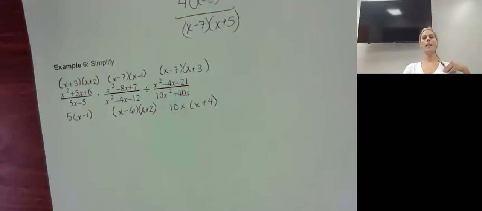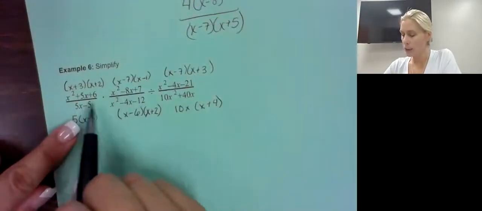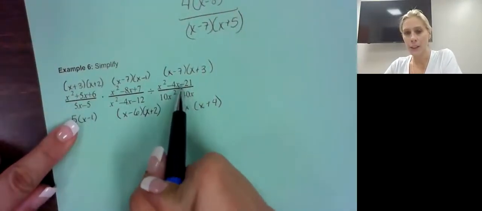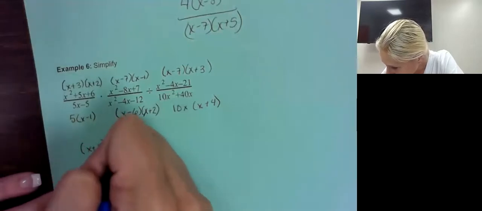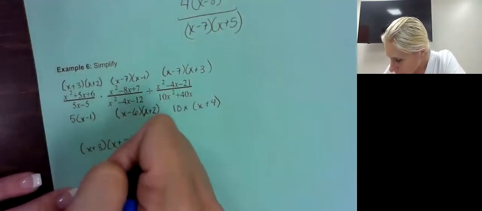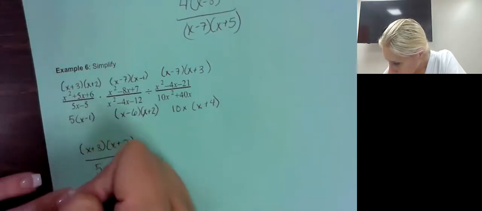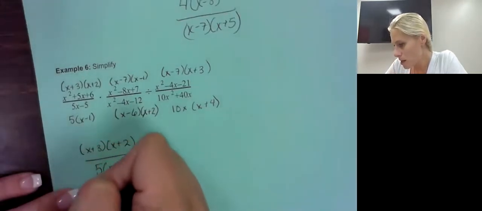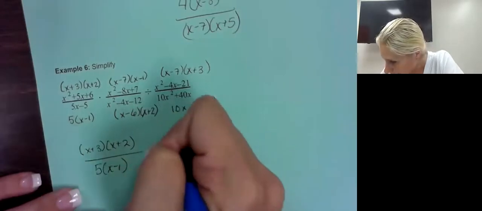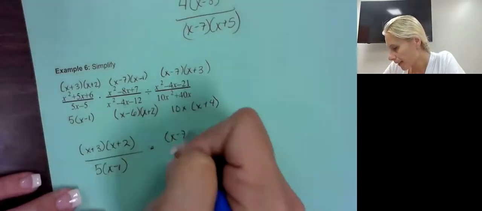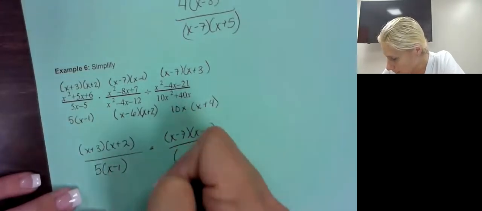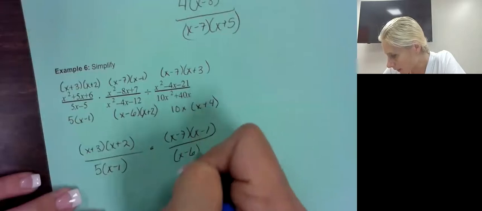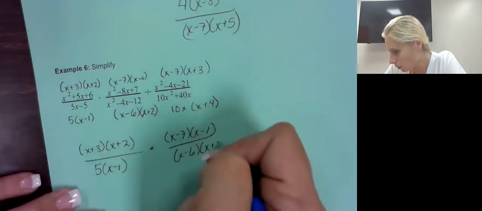Okay. Now, this is multiplication, so these stay. This is division, so we have to flip this. So I'm going to rewrite all of this with that flip. x minus 1 times x minus 7, x minus 1, all over x minus 6, x plus 2.